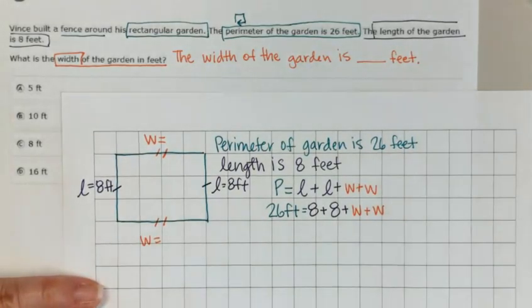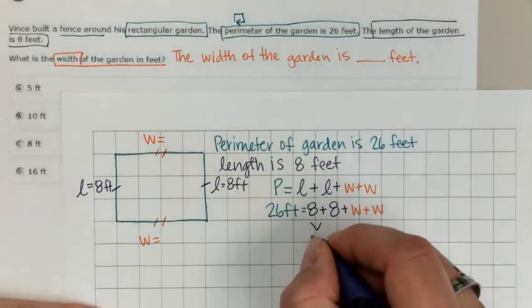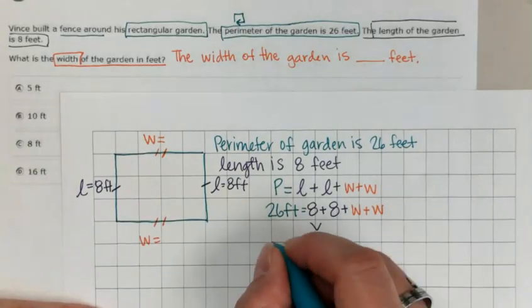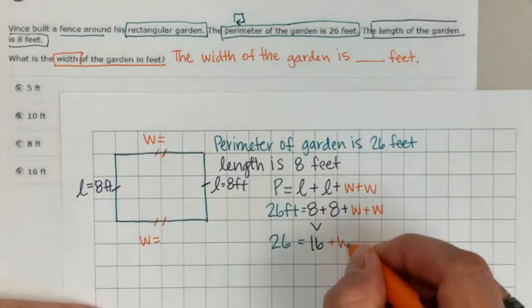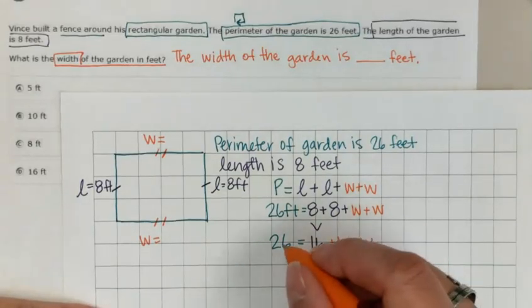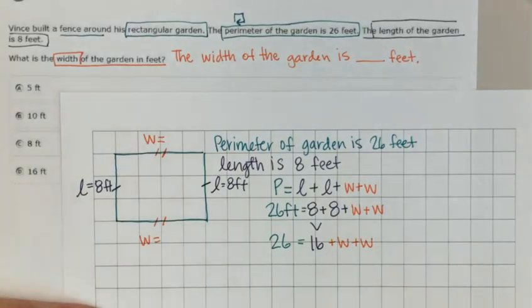So when I'm doing my math, I know that I can combine 8 plus 8. That will get me 16. I know that my perimeter is 26. And then we're adding the two widths together with the 16 to get the 26. So let's back out of what we know already.